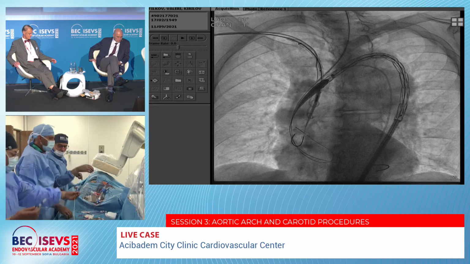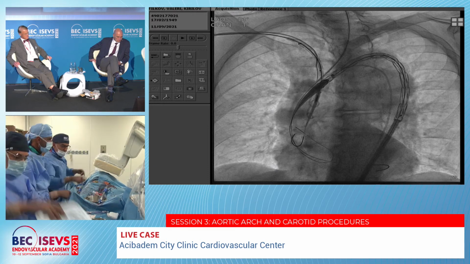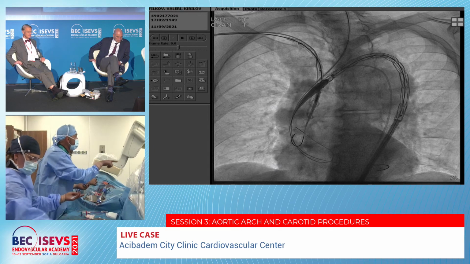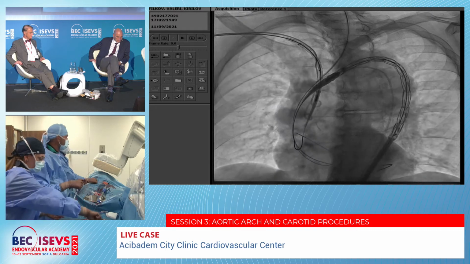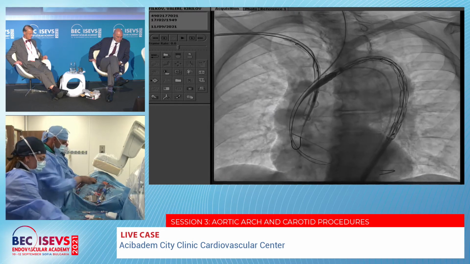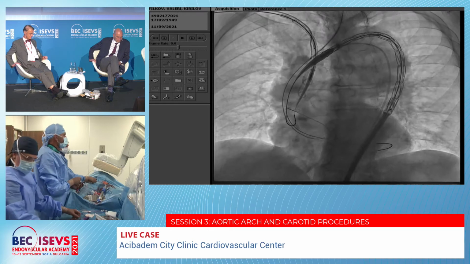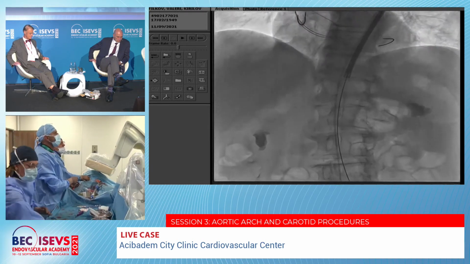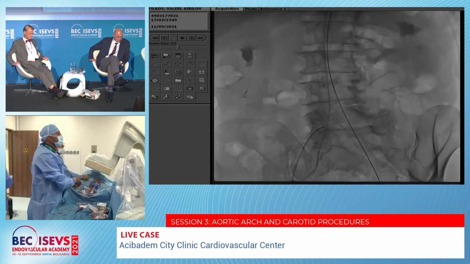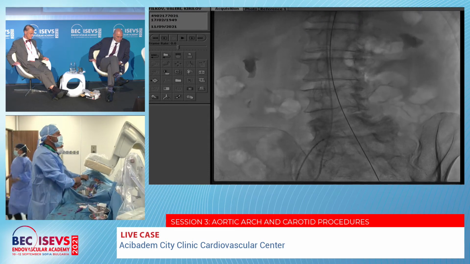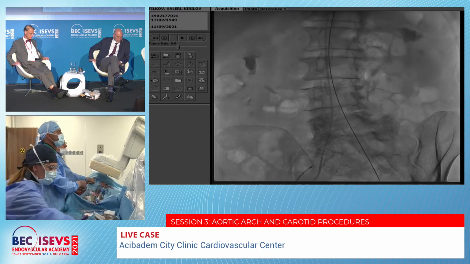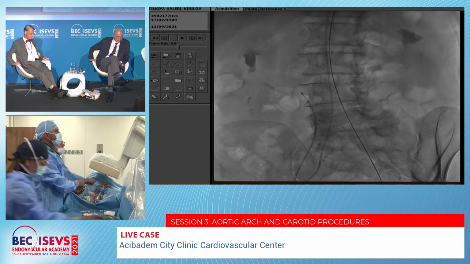So let's go, I just put a femoral venous sheath, and hopefully in several minutes, let's look behind.